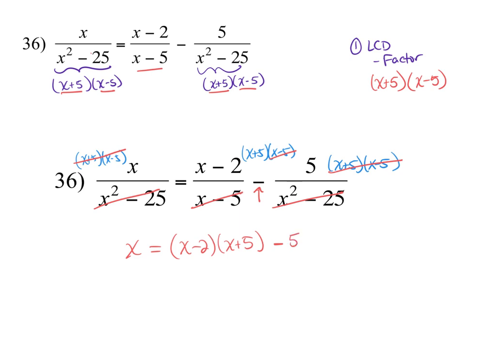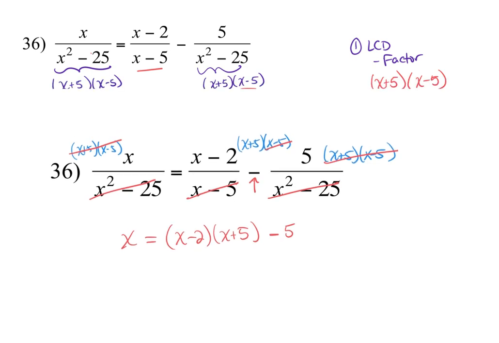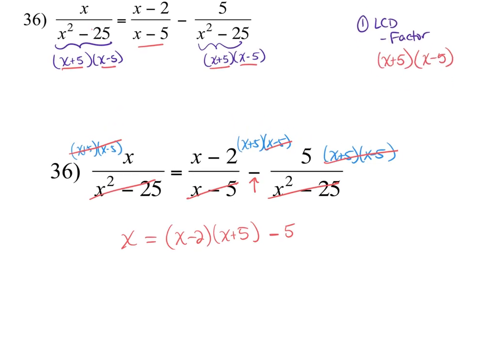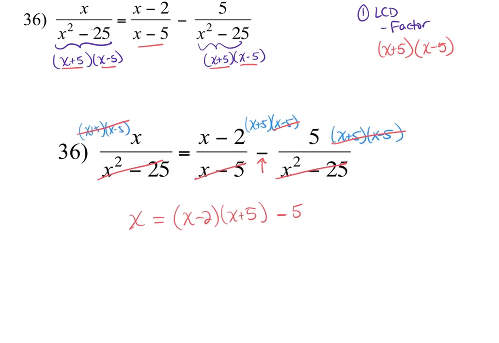And then once again, I am solving. So I am solving by just distributing and getting my x's where they need to be to solve. In this case, we're going to have to do something a little different, but that's okay. So I have x. I'm going to FOIL this, x squared plus 5x minus 2x minus 10, and then this minus 5.